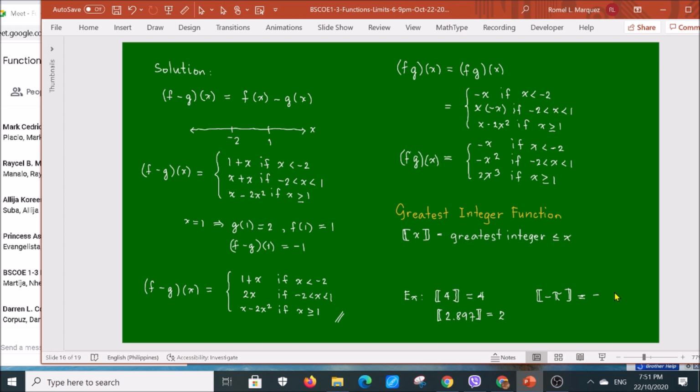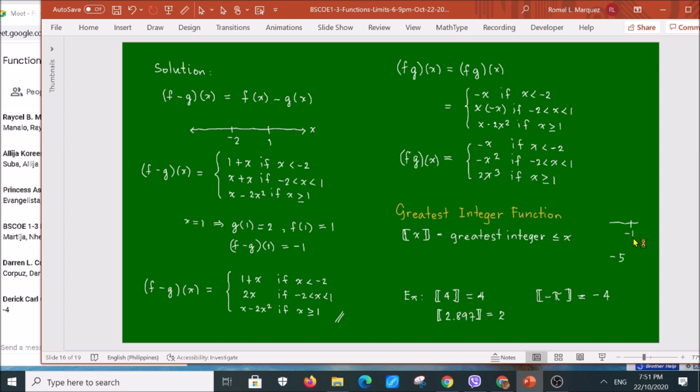Negative 5? Negative 4, because to the left.